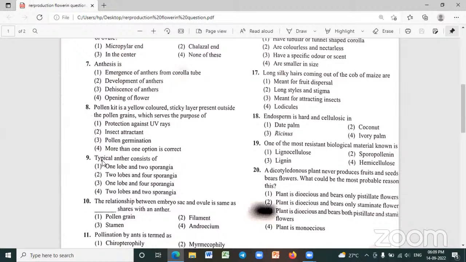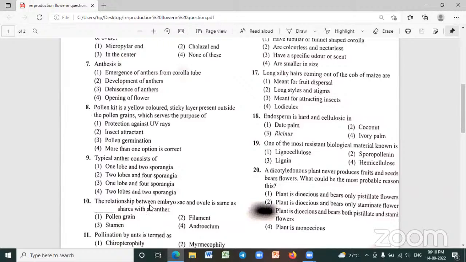Here they told the typical anther, so you have to consider which one is correct. The second one is correct. One lobe and four sporangia is not possible, and two lobes and two sporangia is not possible. Maximum we studied one lobe, monosporangiate or bisporangiate, but the tetrad nature is already studied. The typical anther consists of two lobes and four sporangia, which is the correct one.